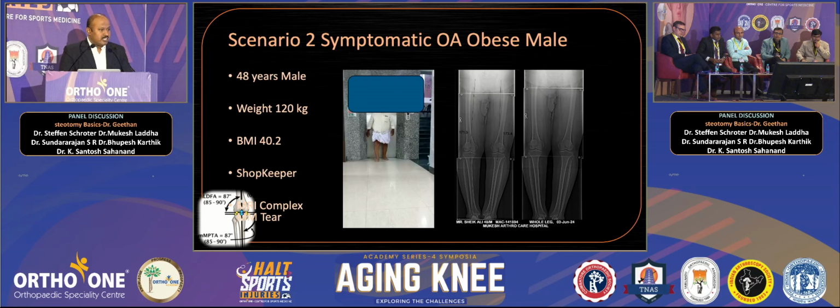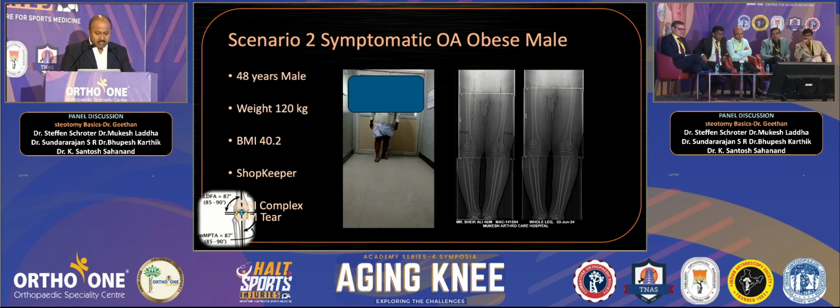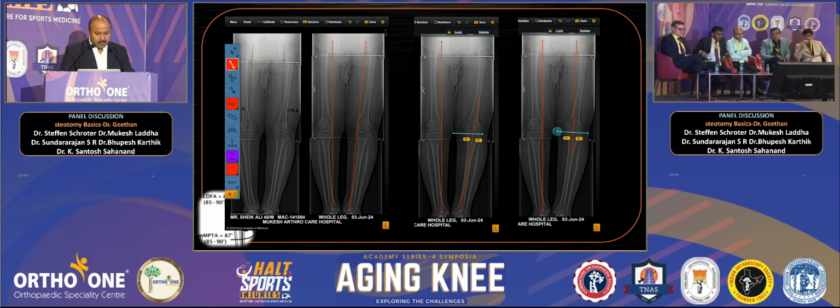So this is a second scenario, with a similar kind of images, but the patient is a 48 year old male weighing 120 kg and his BMI is 40.2. He's a shopkeeper, and again MRI shows an irreparable tear. We'll go for the angles.